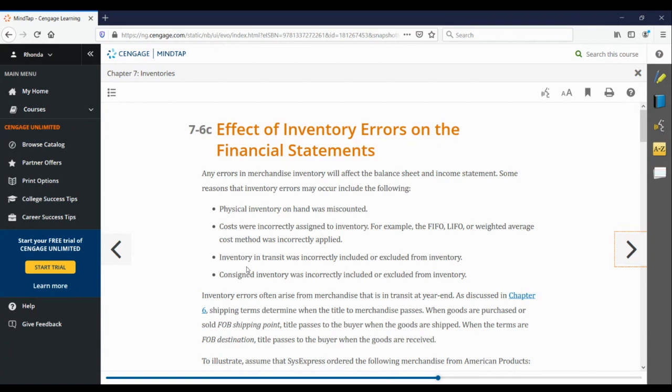Something else that we need to think about when we're counting our inventory at the end of the period is whether inventory was in transit. You might remember that we talked about shipping charges in the last chapter. And if the terms were FOB shipping point, then the purchaser would pay the shipping.